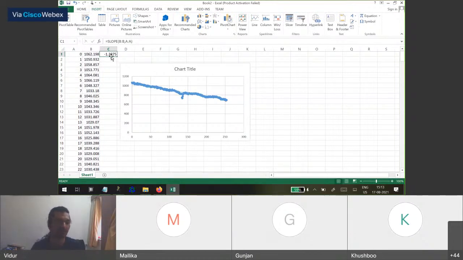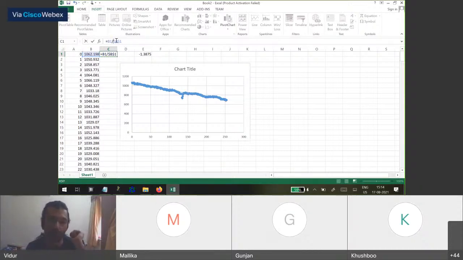Oh, sorry. One thing I forgot to mention before you calculate the slope: you have to normalize these intensities from 0 to 1. Press equal to, press the first row of the intensity divided by, again, the first row of intensity. The only change that you make is you put a dollar sign before the B and before the 1.